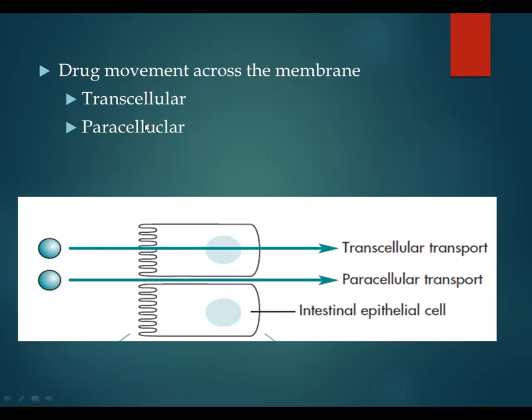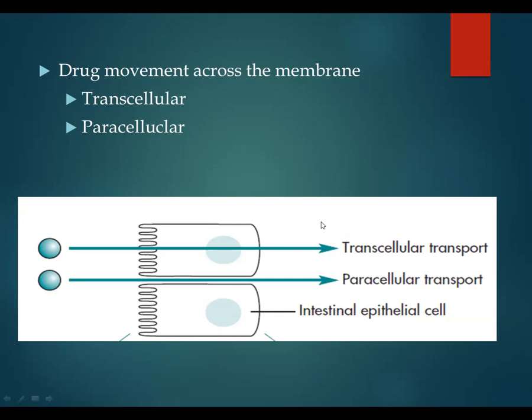The other one is paracellular, the movement of the drug molecule between the gaps. As I told you, the arrangement of the epithelial cells of the GIT differs from one region to another, so depending on that arrangement there is a possibility of gaps between the cells, but it is a process which happens to a very minimum extent compared to transcellular.